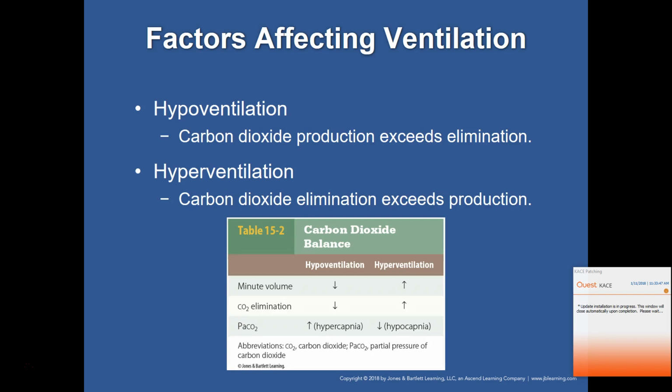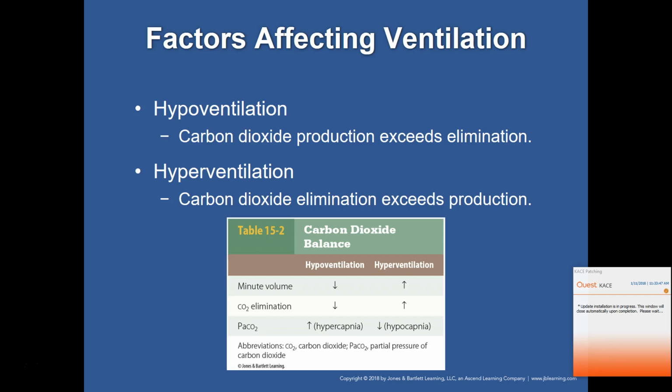Hypoventilation results in a buildup of carbon dioxide, and hyperventilation is an excessive elimination of carbon dioxide. The way that they look at hyper and hypoventilation is on the carbon dioxide side. The reason for that is the mechanism that causes us to breathe, the trigger, the thermostat.